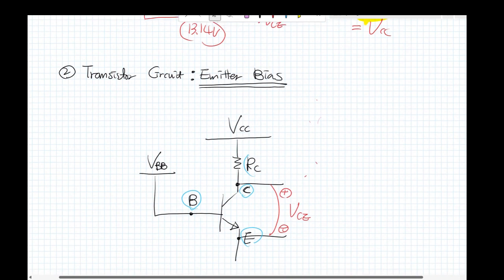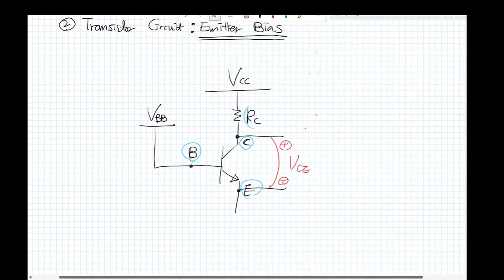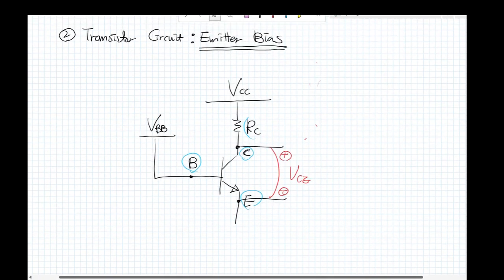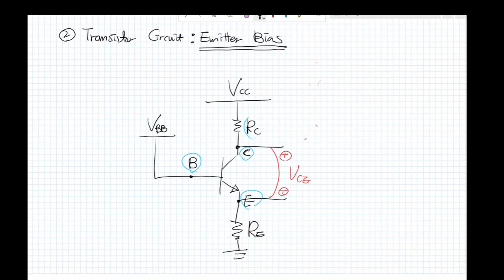Okay, so here they have a resistor for the emitter. That is one of the differences.